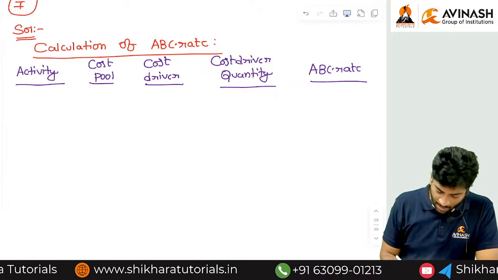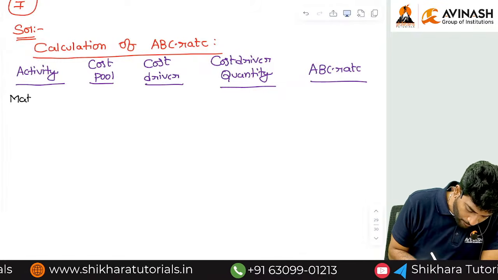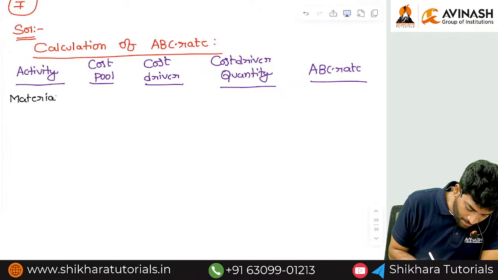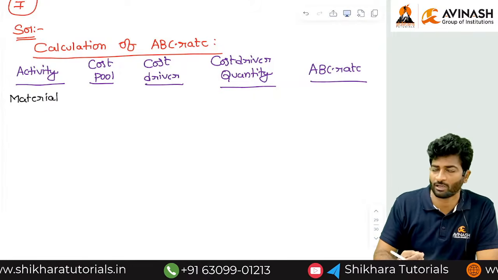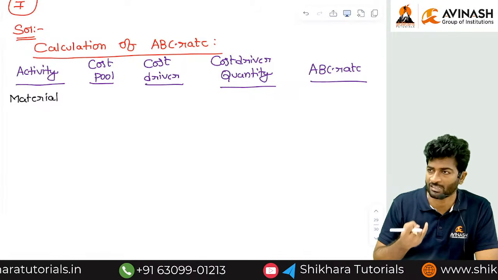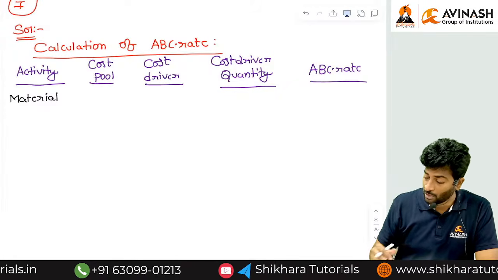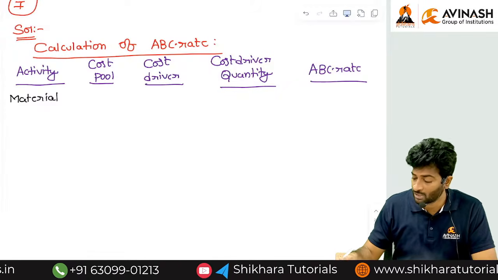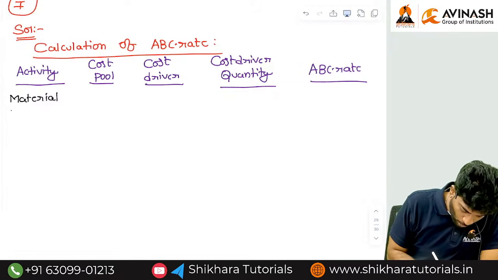So first one is material procurement, right? What do you mean by procurement? In our material chapter, procurement cost. Whatever material you need, how you are going to procure. That procurement includes purchase cost, ordering cost, carrying cost, right? So it depends upon number of orders. So number of orders is our cost driver. Material procurement.